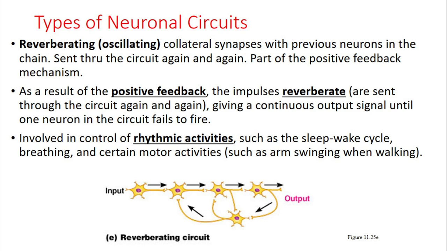As a result of the positive feedback, the impulses reverberate or are sent through the circuit again and again, giving a continuous output signal until one neuron in the circuit fails to fire and turns off the positive feedback mechanism. So we see this a lot with control of rhythmic activities like the sleep-wake cycle, breathing, certain motor activities such as swinging, or something like moving your arms when you walk. That's when we would see reverberating or oscillating neuronal circuits.